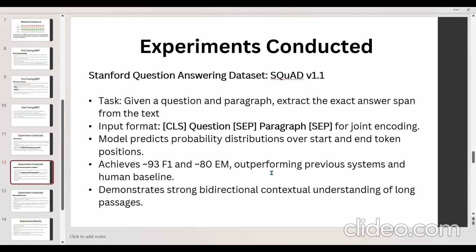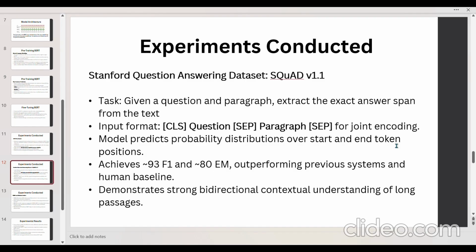Another experiment conducted was based on the Stanford Question Answering Dataset, or SQuAD v1.1. Here, the task was that, given a question and a paragraph, the exact answer span needed to be extracted from the text. The input was in the format of the CLS token, the question statement, the separator token, a paragraph, and another separator token, and this was jointly encoded.